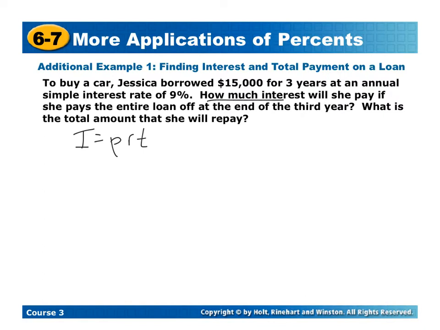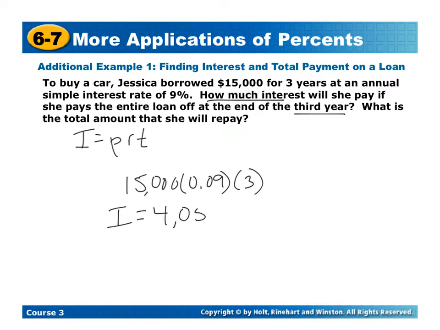They're asking how much interest, we don't know I. The principal is the amount borrowed, so it's going to be $15,000 times her rate, which is 9%, times the time, which would be 3 years. When we multiply those three numbers, 15,000 times 9% times 3 years, we find out that the interest she's paying will be $4,050.